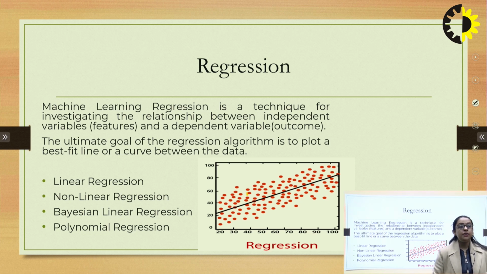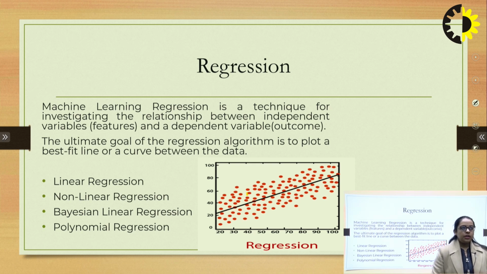Dependent variables are the class, the label, the performance, the behavior of the machine after receiving those independent variables.